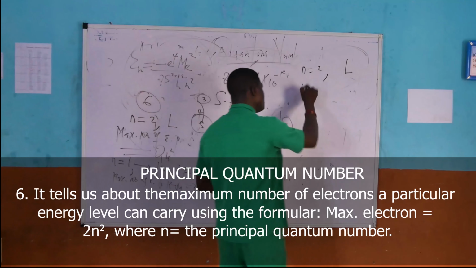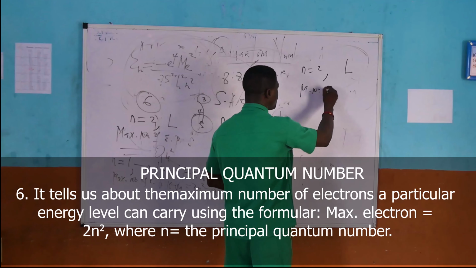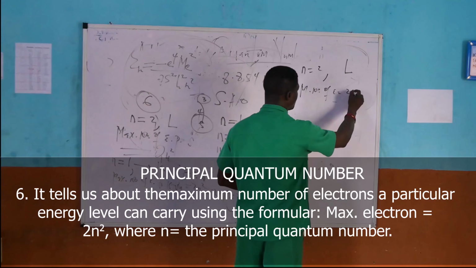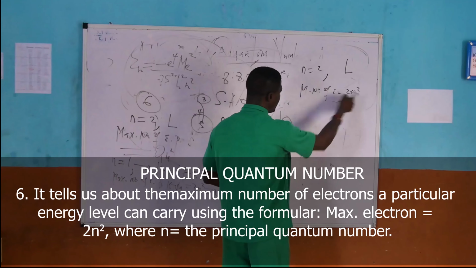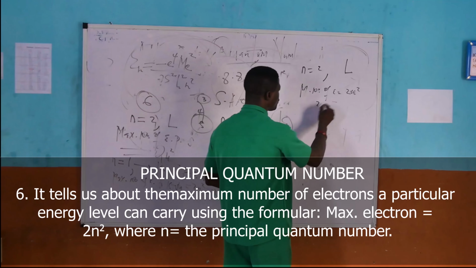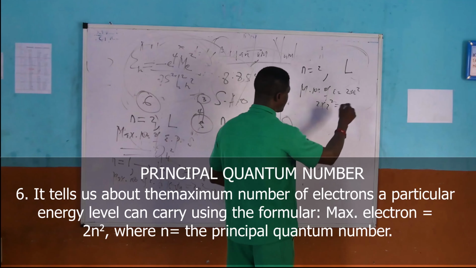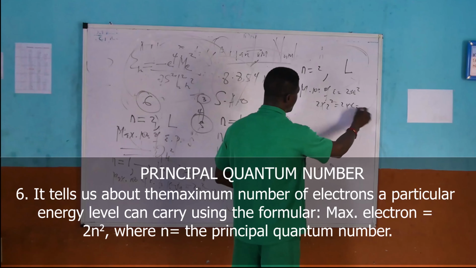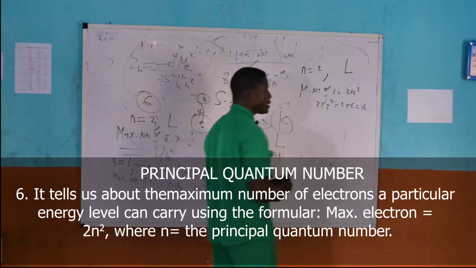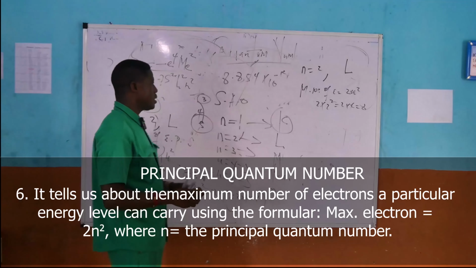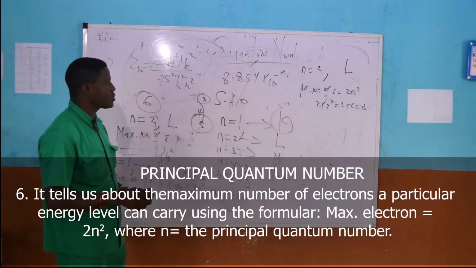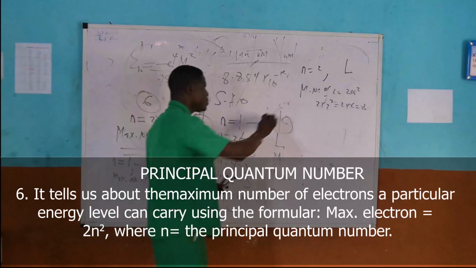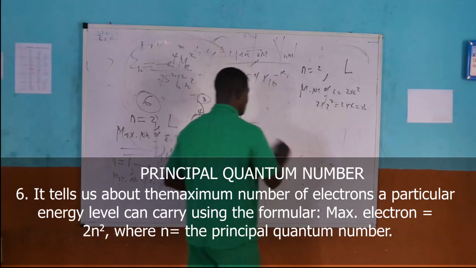I've given you the formula. The maximum number of electrons is equal to 2n squared, where n is equal to 2. That becomes 2 times 2 squared, and that is equivalent to 2 times 4. And of course, you have 8 electrons. This is the maximum number of electrons that could be accommodated by the L principal shell.